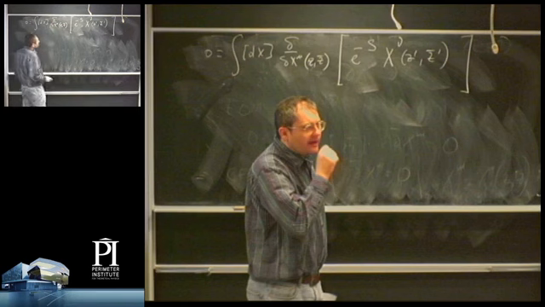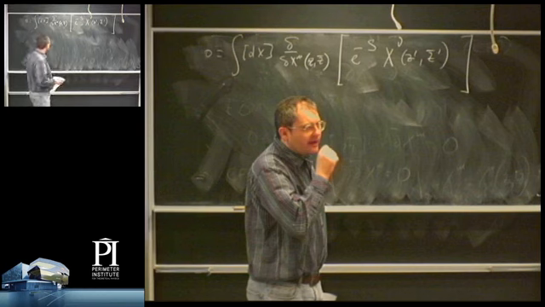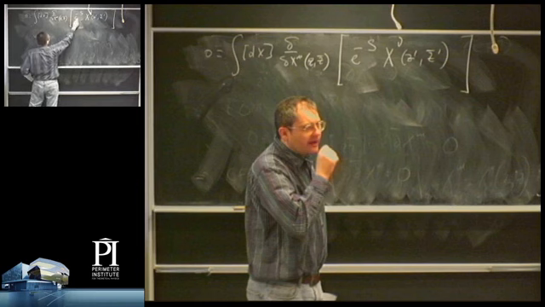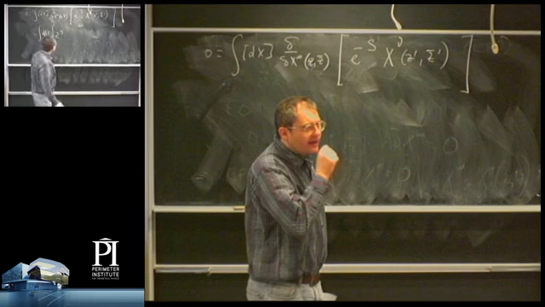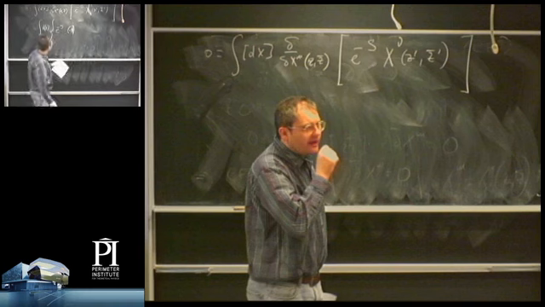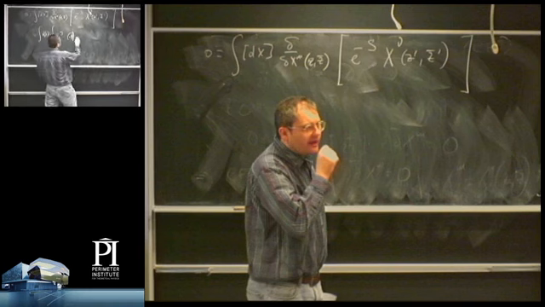And now I have to compute carefully the functional derivative. So when I differentiate e to the minus s dx, I will get e to the minus s, right? And then I have minus 1 from here, and then I have a functional derivative of s with respect to delta x mu.